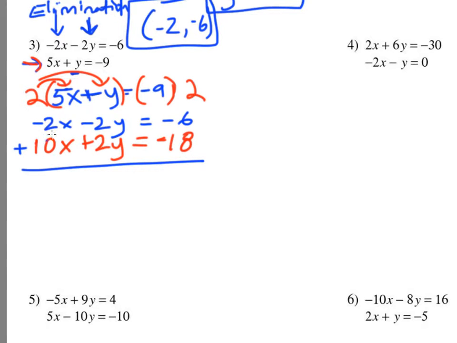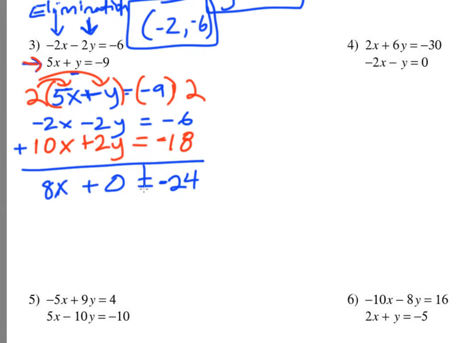So let's see, different sign, subtract. 10 minus 2 is 8x. And what do we have here? These are our perfect opposites. This is a 0 pair, so this becomes 0. And finally, what do we have here? Negative and a negative, same sign, keep and add. 18 plus 6 is 24, but we keep the sign, so negative 24.